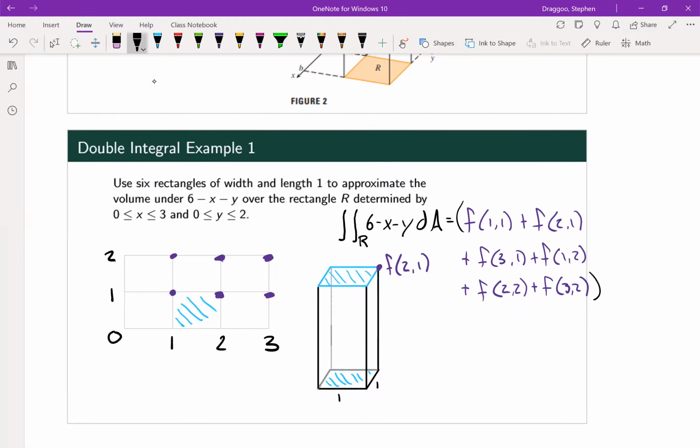And we can multiply all of that by 1 and by 1 for the length and the width of each rectangle.